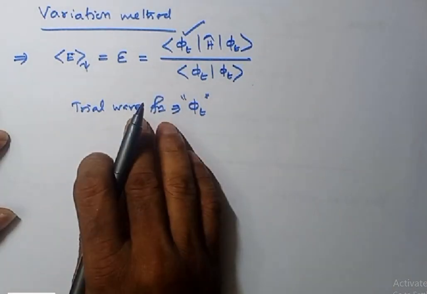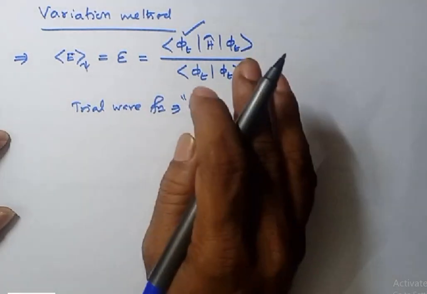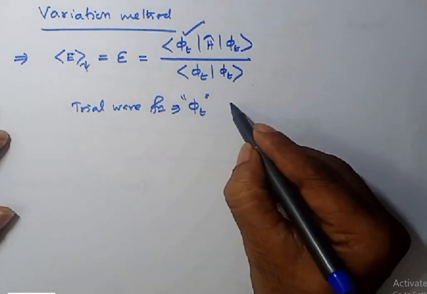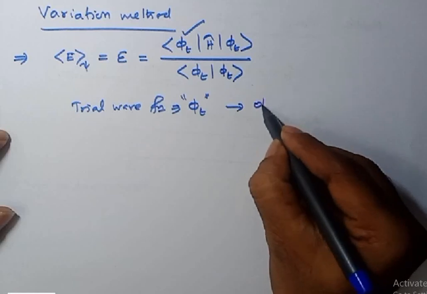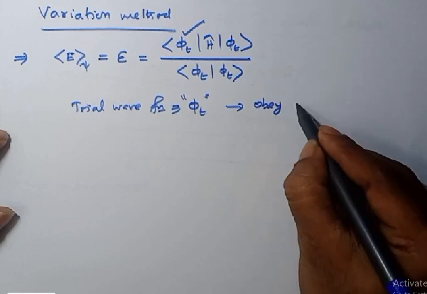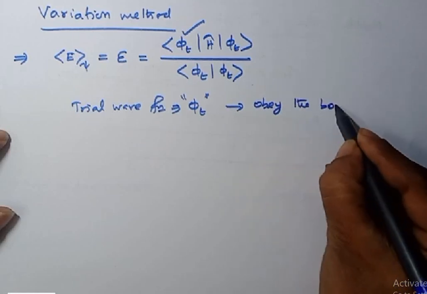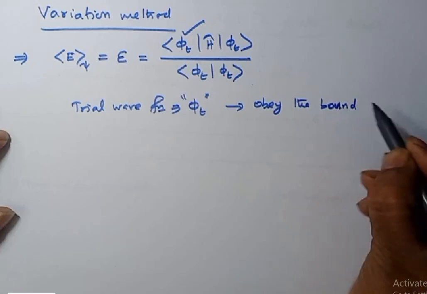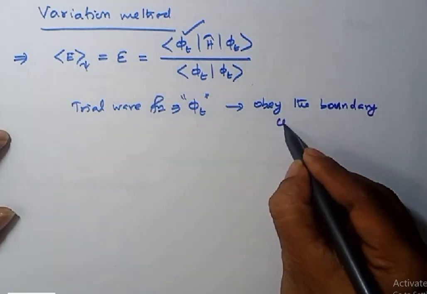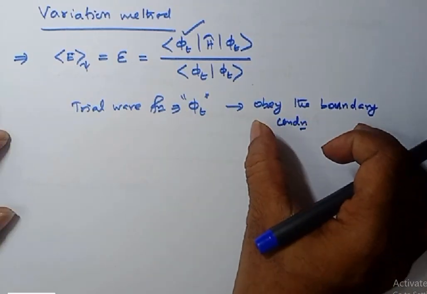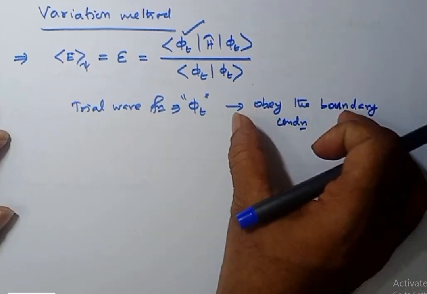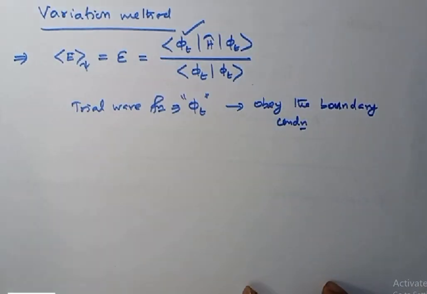So we should guess some trial wave function, but the very important condition is that the trial wave function should obey the boundary condition of the problem. So while choosing the trial wave function, you should be a little careful that the wave function obeys the boundary condition of the problem.